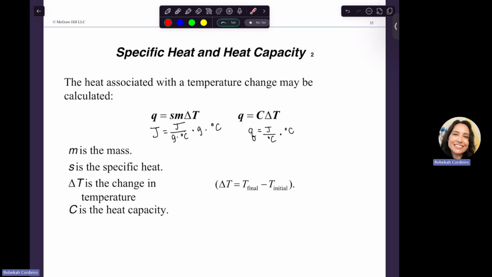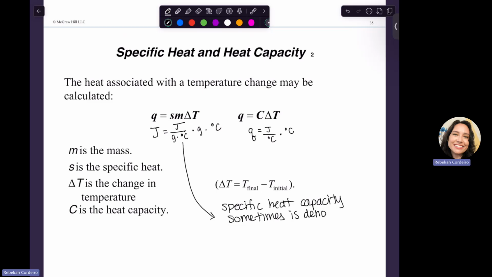And you'll also see this formula used a lot of times, not incorrectly, where we might say specific heat capacity. You may hear me say specific heat capacity. And that is sometimes denoted as little c.